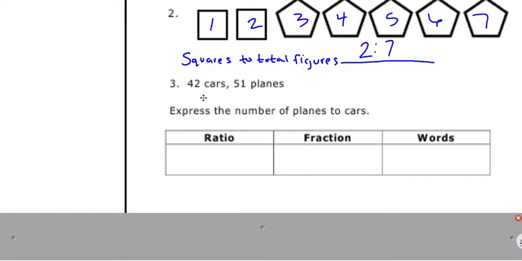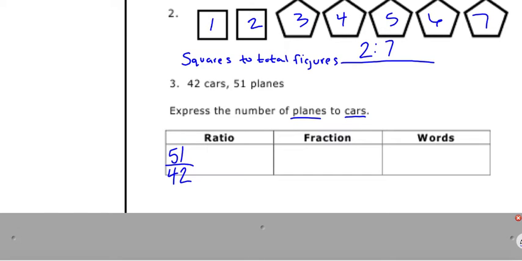So the ratio from planes to cars: there are 51 planes, 42 cars. Some of you may not know this, but you do not turn this into a mixed number. You leave it as an improper fraction. Leave it the way that it is because I need to compare 2 quantities.